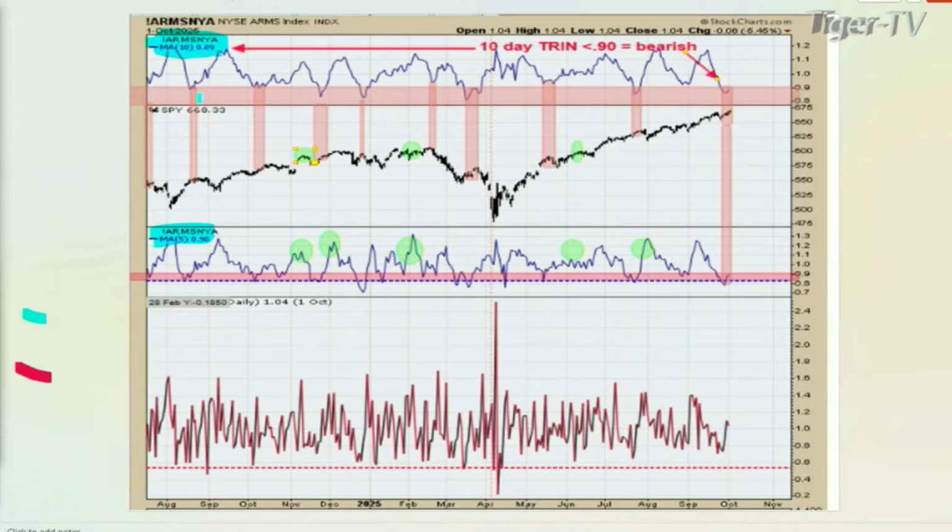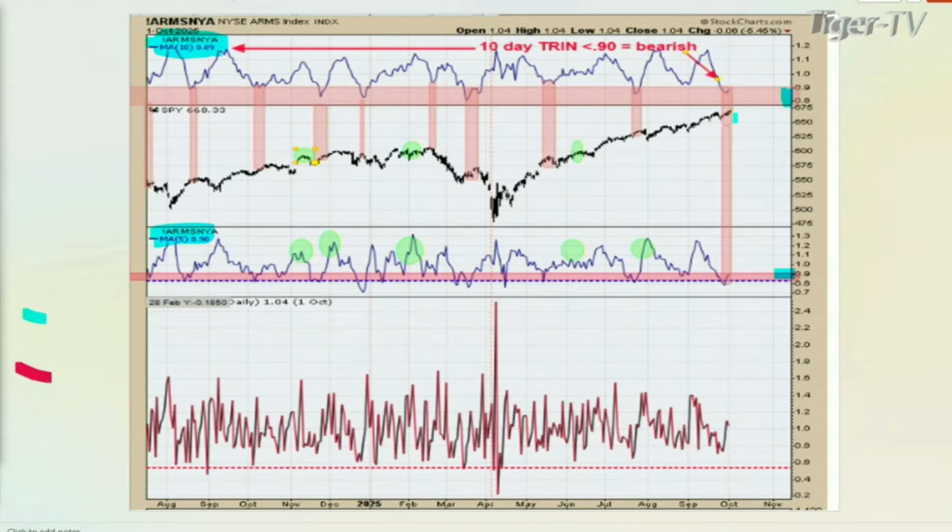This tan area, or pink area right here, and this pink area right here, are times when the 10-day average of the trend is below 0.9 and the 5-day average is also below 0.9. So we have the 5-day below 0.9 and the 10-day below 0.9.